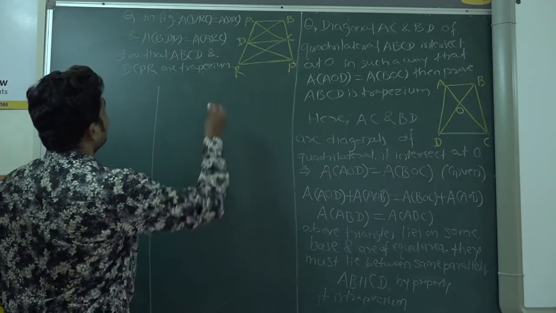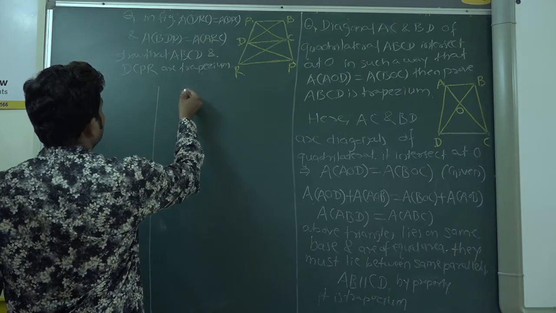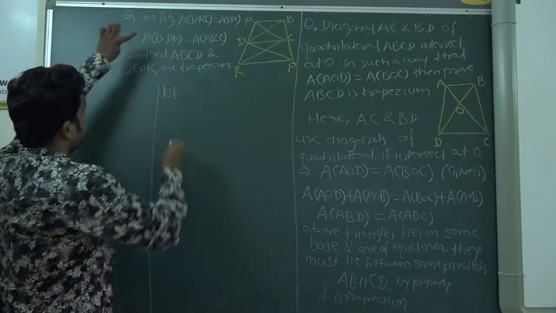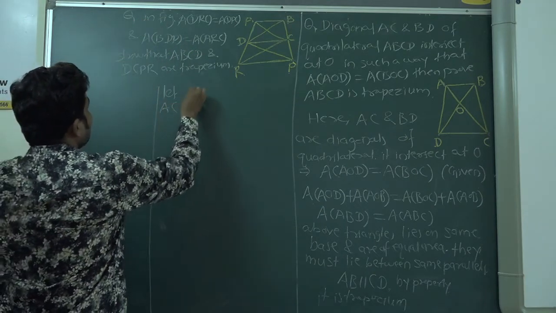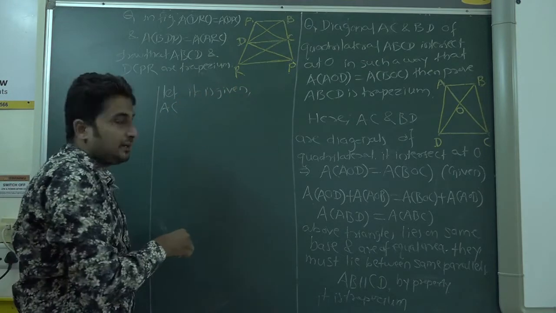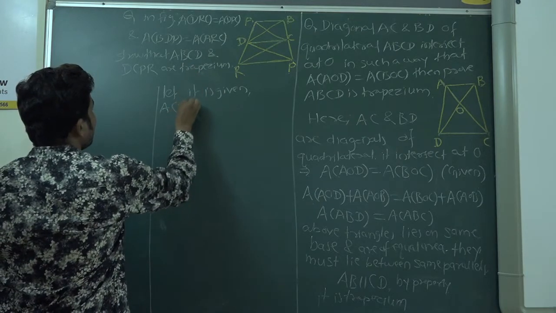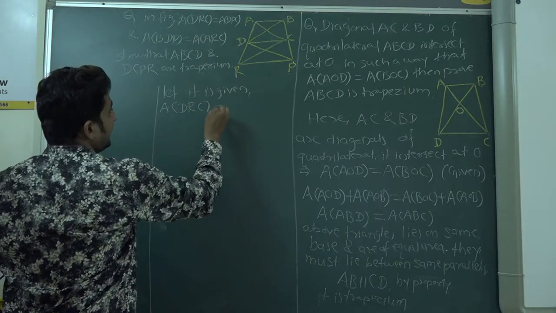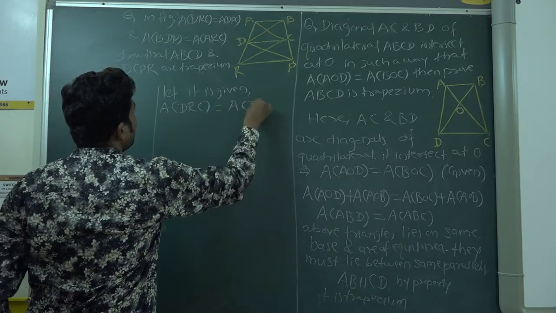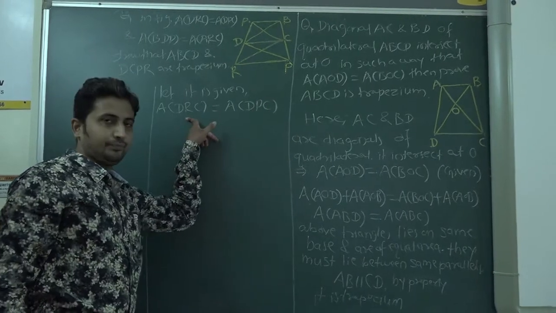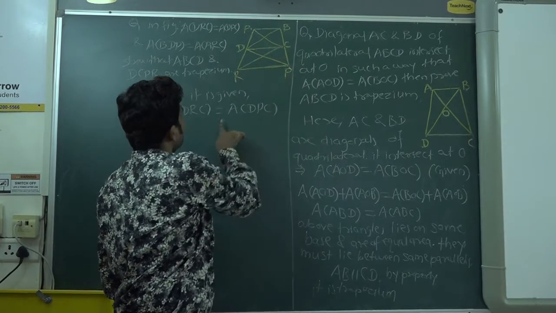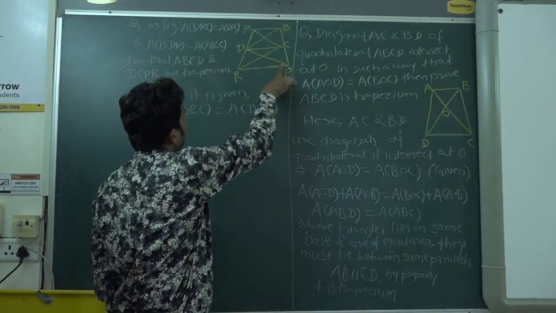Now dear students, here let us consider the first result. Let it be given that area of DRC is equal to area of DPC.